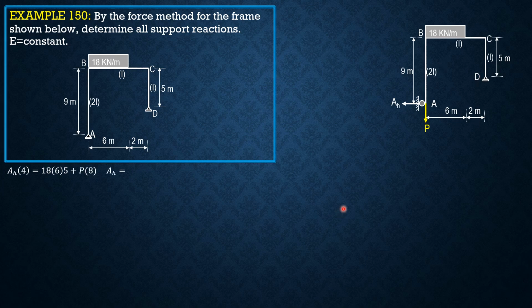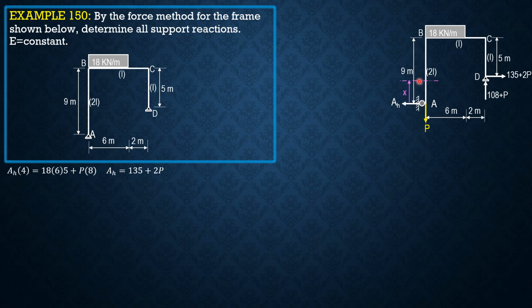So therefore EH is 135 plus 2P. So this is also 135 plus 2P if you sum up forces horizontal. Then the vertical reaction here is 18 times 6 plus P upward, so 108 plus P. Not already presented because that is statics.